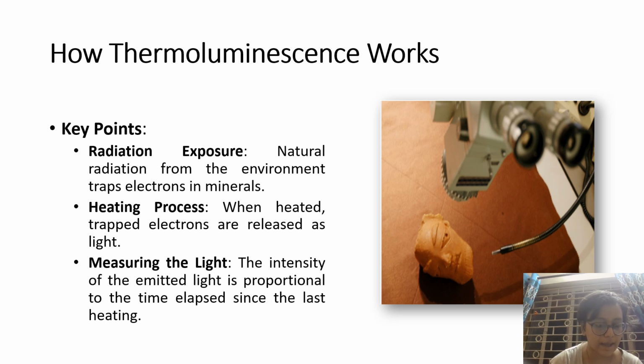The amount of light emitted is directly proportional to the time elapsed since the object was last heated or exposed to sunlight, which further allows us to estimate its age.